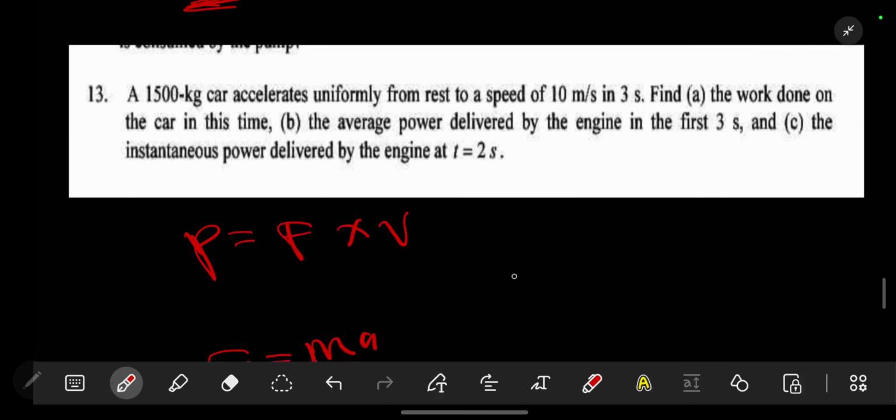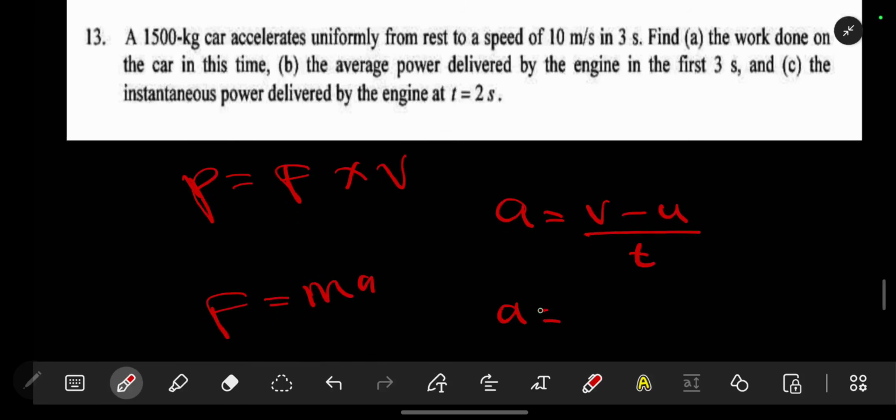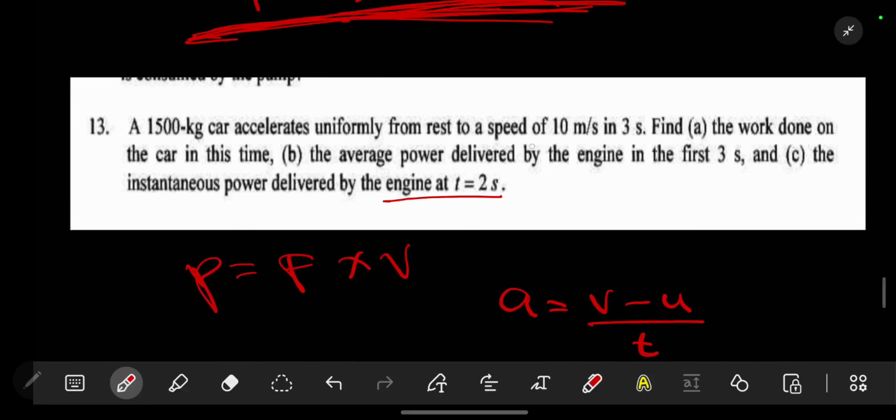Now we know that the acceleration is equal to velocity minus u over the time. The acceleration will be equal to, what's our final velocity? It is 10 meters per second minus the initial velocity, 0 meters per second, over, what is our time? Our time is equivalent to 2 seconds. Oh, sorry, not the time for the engine, but for the acceleration, the rate of change of speed.